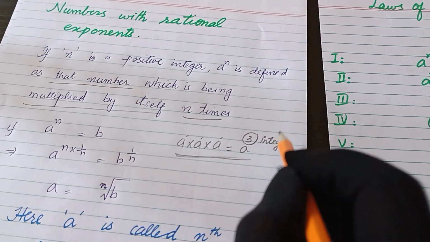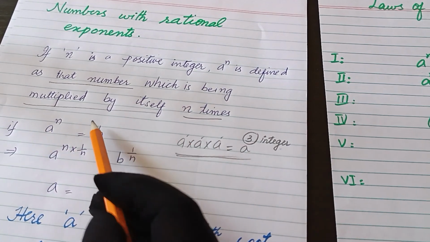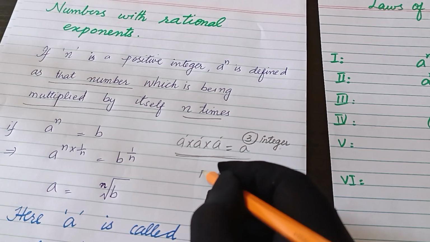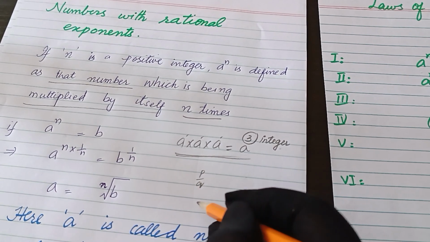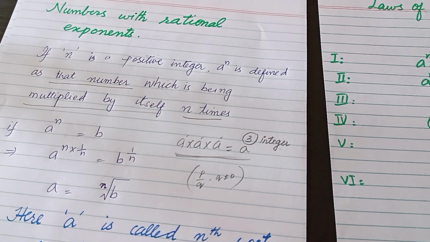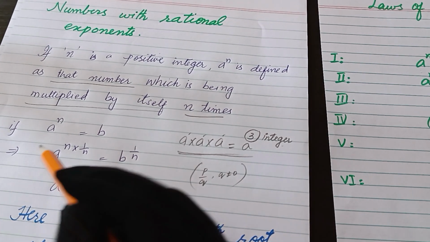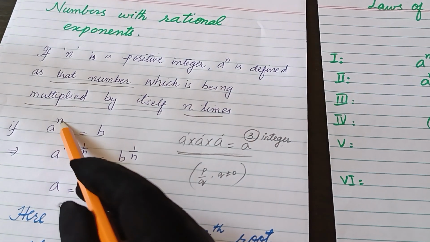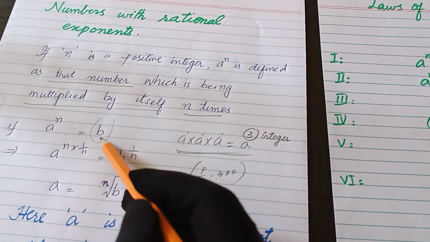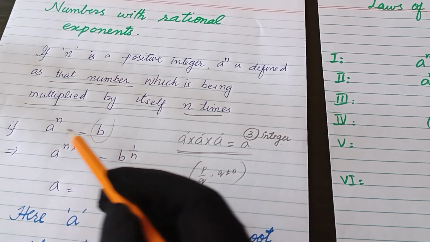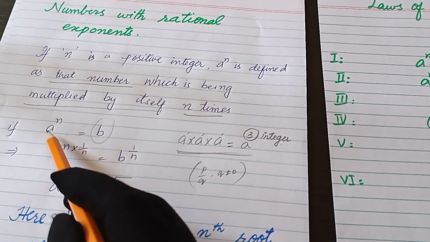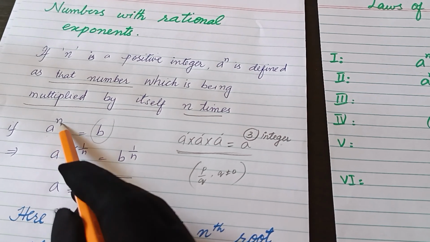Okay, so if the power is a rational number, what is a rational number? All the numbers which are written in the form of p by q, where q should not be equal to 0. We know the rational number definition. Suppose a power n is equal to b, we are saying that this number is equal to one single number, that is b. So b is equal to a power n, means a is multiplying by itself n times.